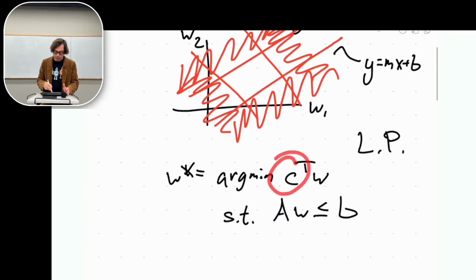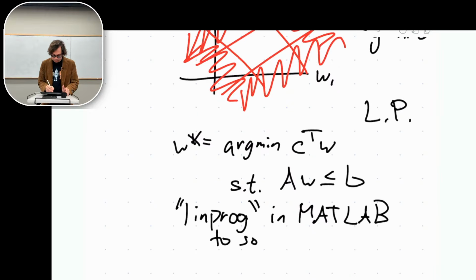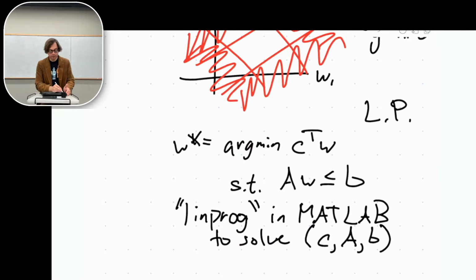If you have C, A, and B, you can then use linprog in MATLAB to solve. You give linprog C, A, and B, where C is a vector, B is a vector, and A is a matrix. And it does all the solving.